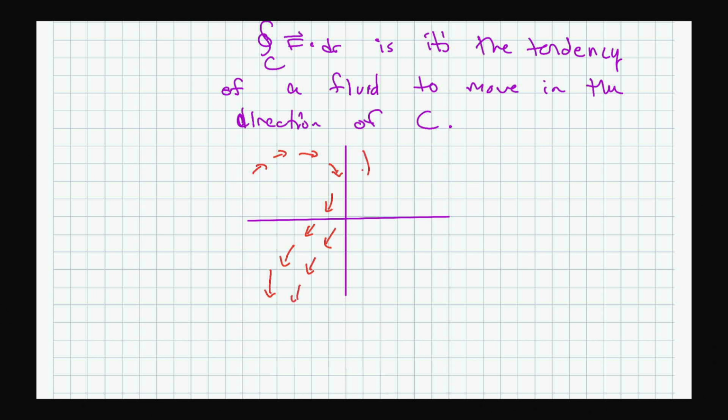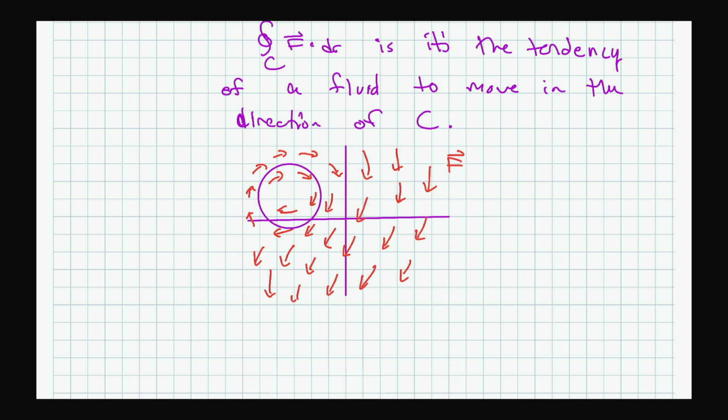And I'm just kind of filling it out right now. Okay, so let's say you just have some vector field f, and then you put a curve C in here, so like this.